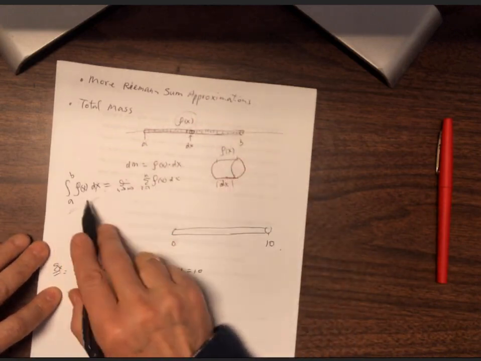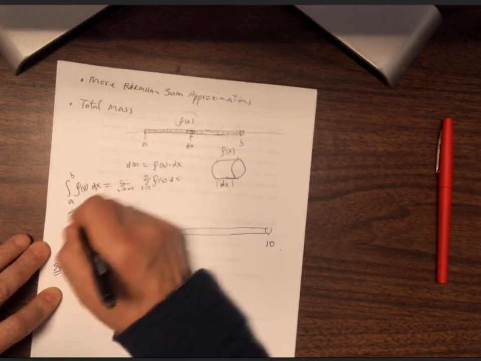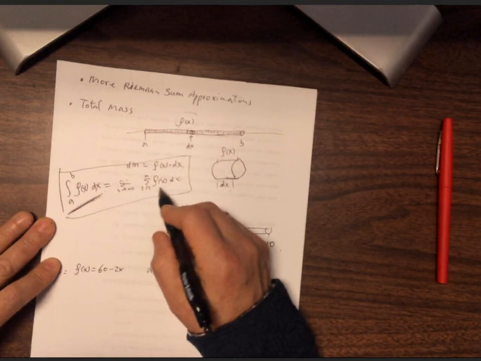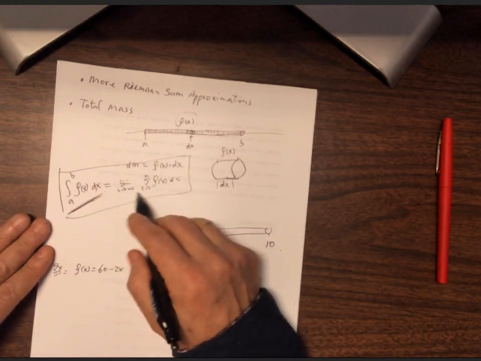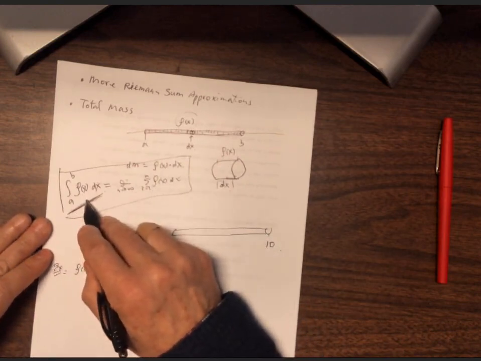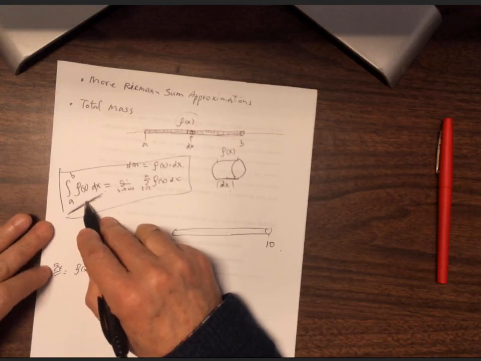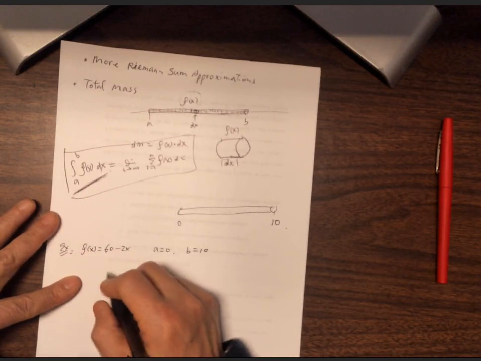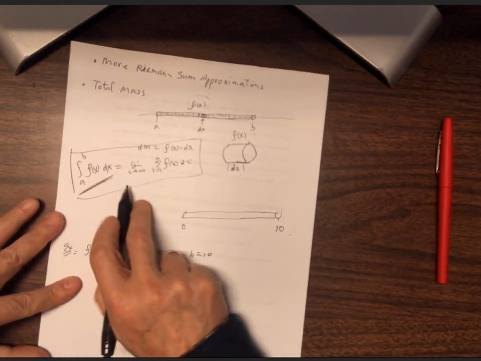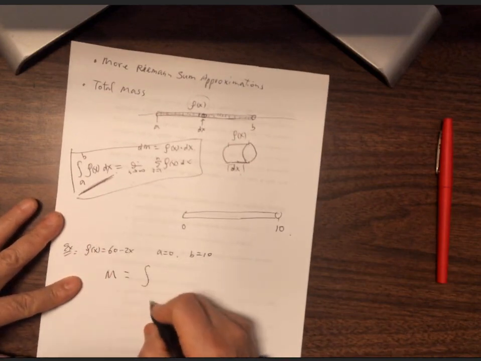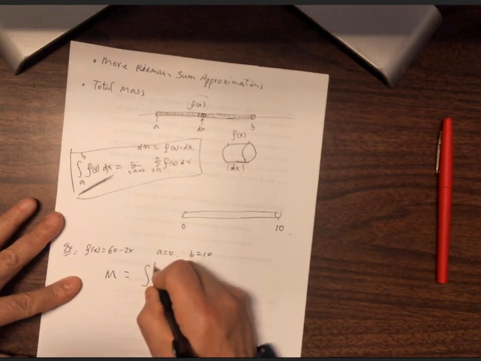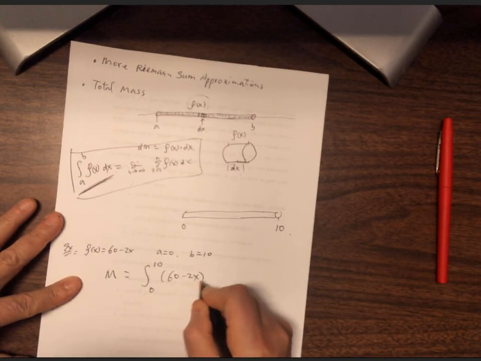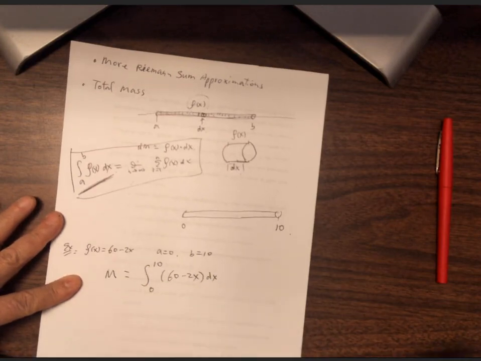We'll just go right to the end result, because this will always lead us to the same exact definite integral expression. Therefore, the total mass, according to our discussion, will be just the definite integral from 0 to 10 of density dx.